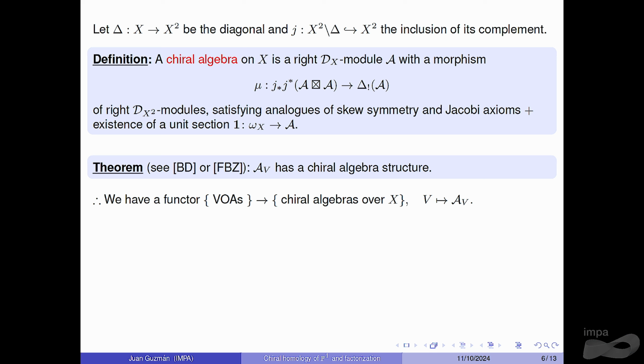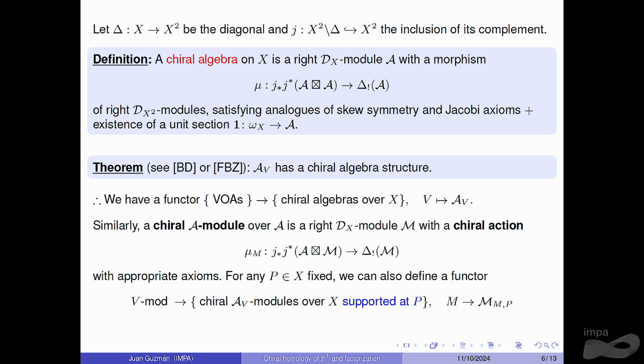And we can do something very similar with the modules, right? For the modules, we're going to define a chiral module very similarly, in this abstract way, in the same way as chiral algebras. But the really important thing is that when you fix the point, you can think of the modules for the original VOA as chiral modules for the chiral algebra, which are supported at the point, right?